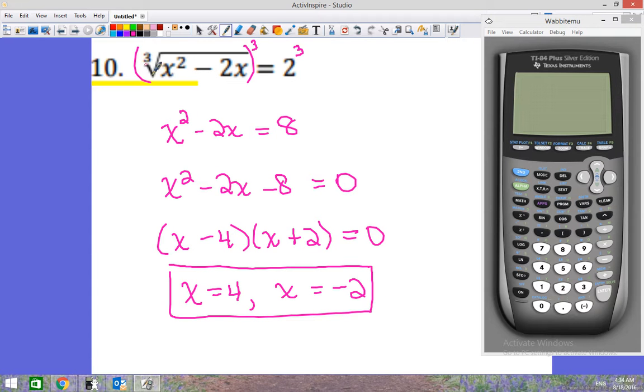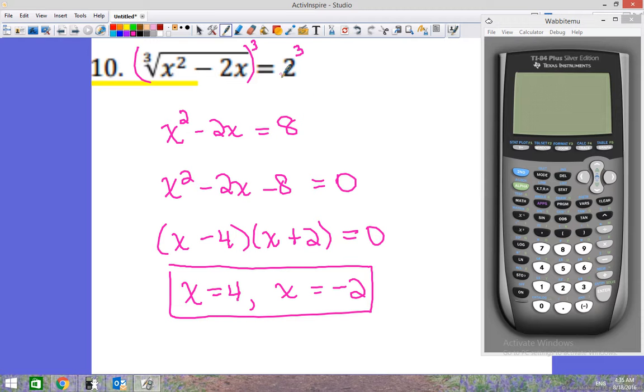which are both going to be good because if you plug in 4, you've got 16 minus 8. Hey, that's the cube root of 8, which is 2. Plug in negative 2, you've got 4 plus 4, that's 8, cube root of 8. Even if on the left-hand side you had a cube root of negative 8 that evaluated to negative 2, and on the right-hand side they claim it's positive 2, maybe I should double check.